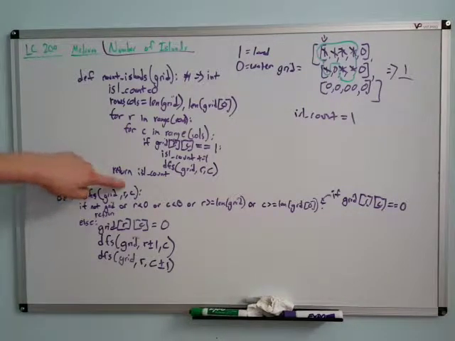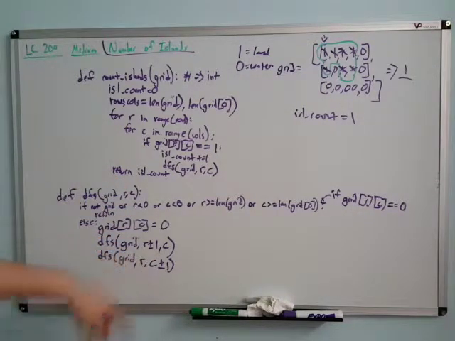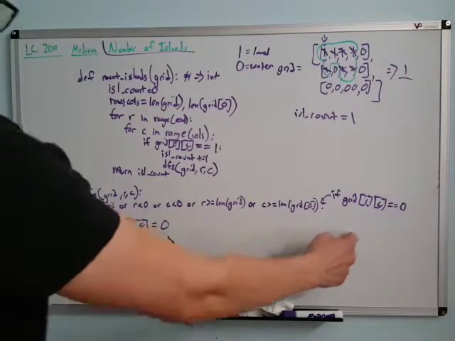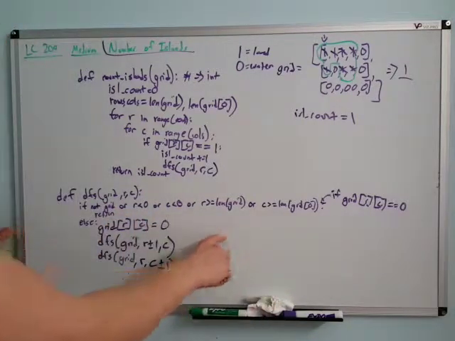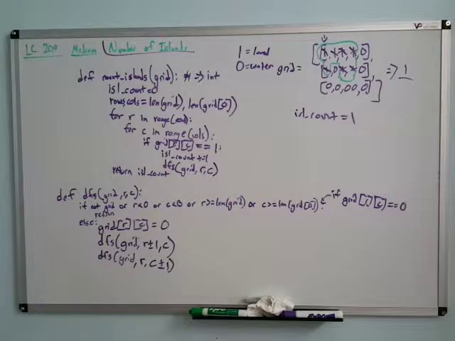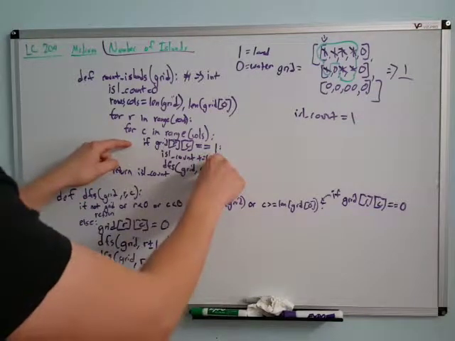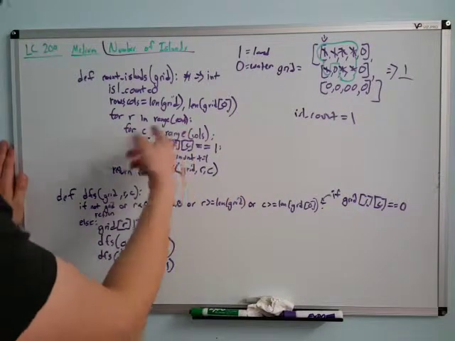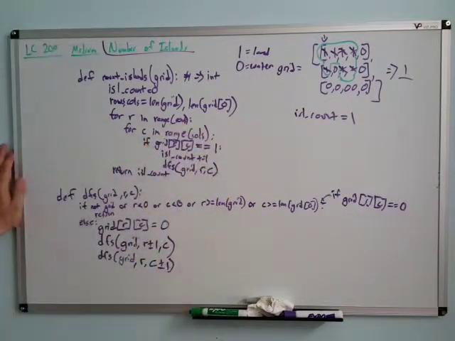Obviously, add a visited set here, here, and here, and then check here. If RC is in visited set, then just return. And here as well, if grid is equal to 1, you do this. Or you check before, if RC is in visited, then just continue or pass. In this case, it would be continue. So yeah, hope that helps.